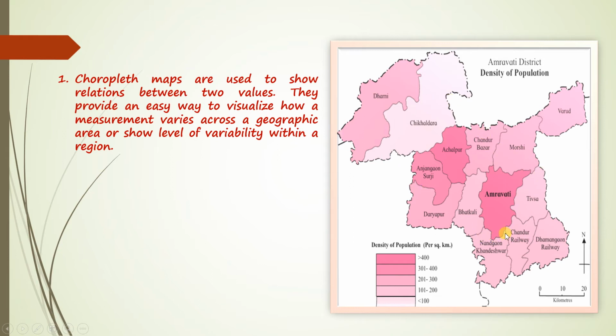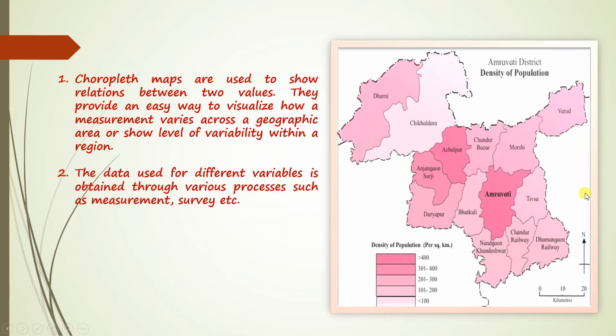So in one glance, you come to know where population is high, where population is less, and which region is densely populated. Now, this data can be obtained through various processes. Maybe they do survey, then measurement. So, they obtained data from various sources.